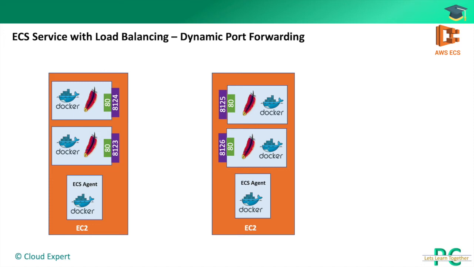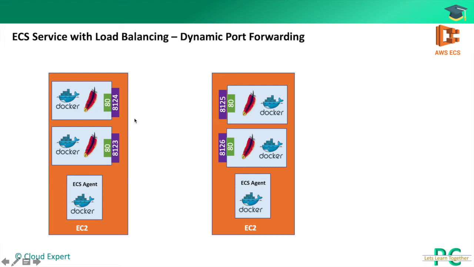In this example, let's say I have an ECS cluster where I have two EC2 instances, and I have launched the Apache container 4 times. And as you can see, I have different host ports based on their launch sequence, right?